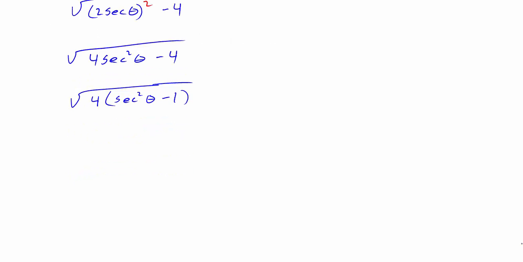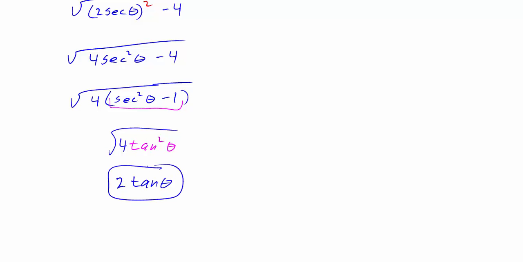And once again, we will notice we have this secant squared theta minus 1, which is a Pythagorean identity. Secant squared theta minus 1 is going to turn out to be equal to tangent squared. So we would then have 4 tangent squared theta, and if we take the square root, we would end up with 2 times the tangent of theta.